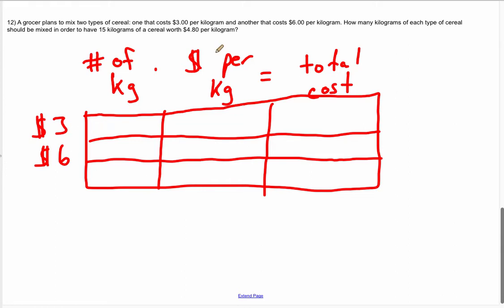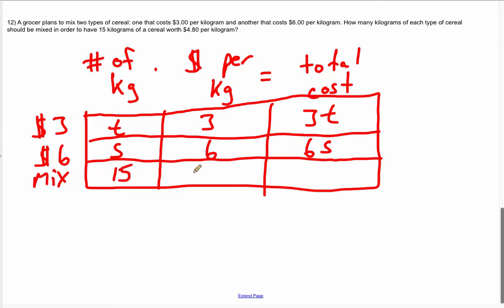All right, so number of kilograms for 3, let's make that T, and for 6, let's make that S. So grocery one that costs $3 per kilogram and one that costs $6 per kilogram. So the total cost of the $3 cereal is 3T, and total cost of the $6 cereal is 6S. And how many kilograms of each type should be mixed in order to have 15 kilograms for the mix?